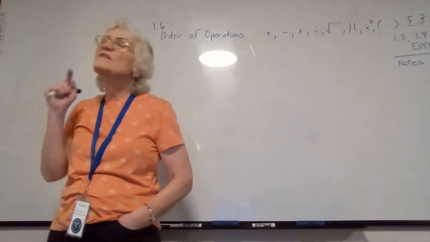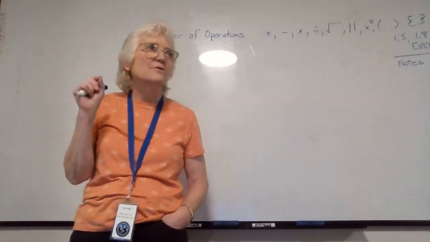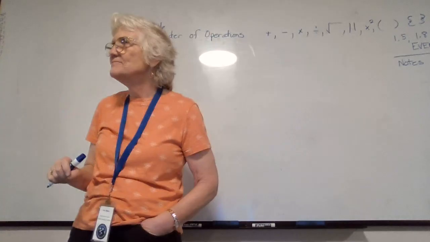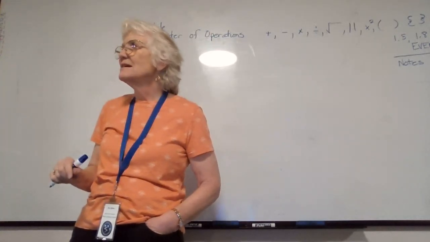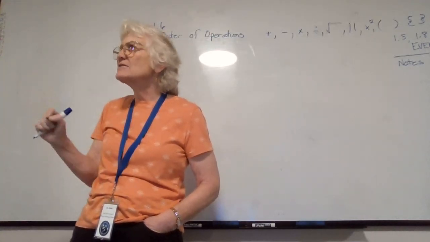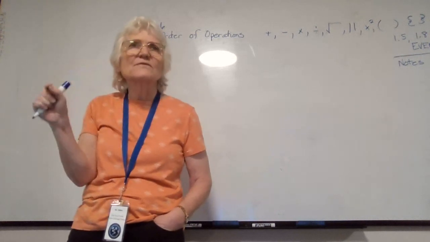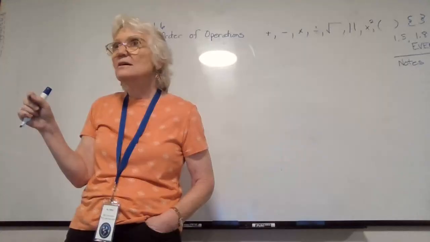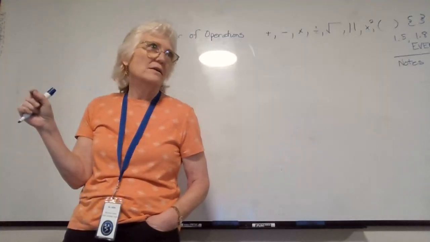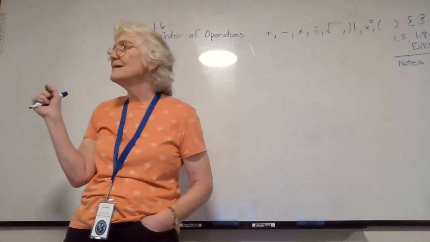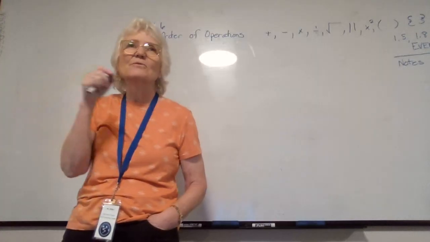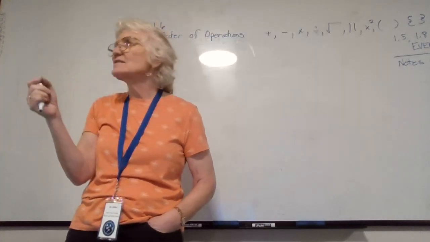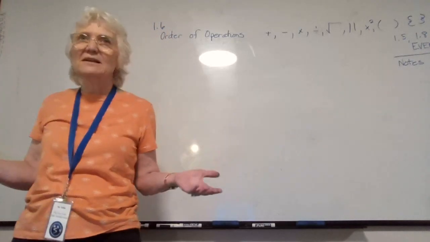Why do we have to have rules of operations or an order of operations? Because it won't add up correctly. Because we'll get the same answer. If we don't have a rule to follow, it's kind of like not having rules on the road. It wouldn't work well. You need people to follow rules in order to go with this. This is just man-made.